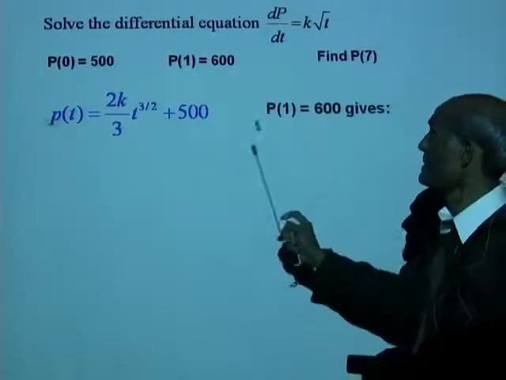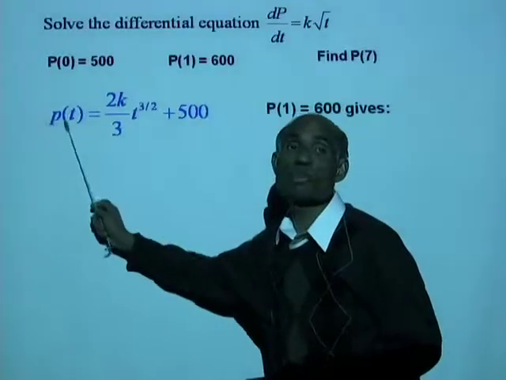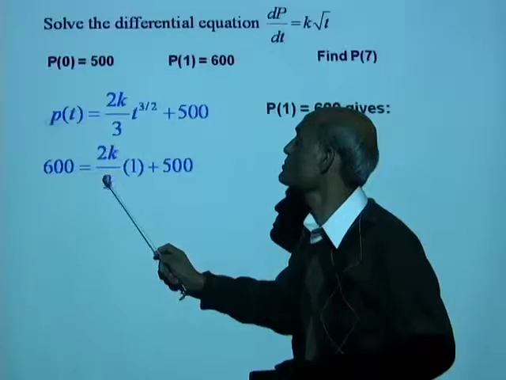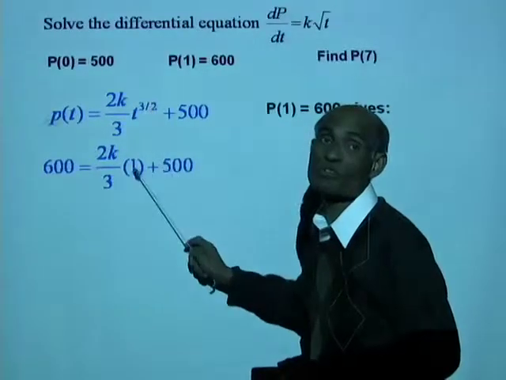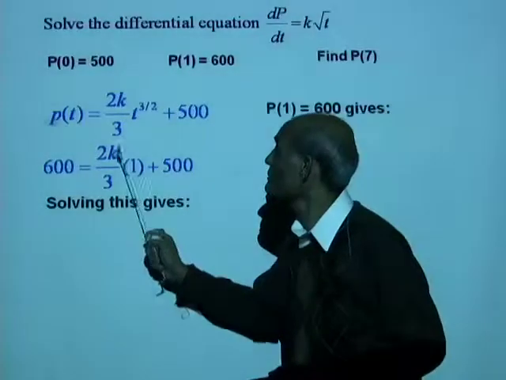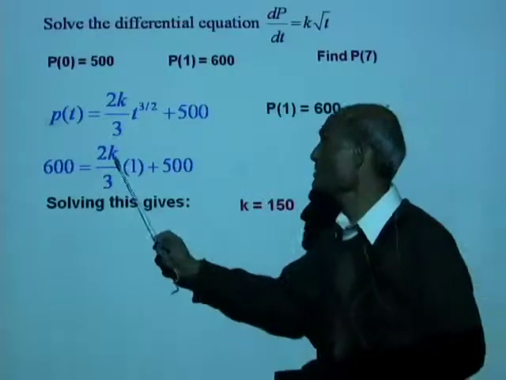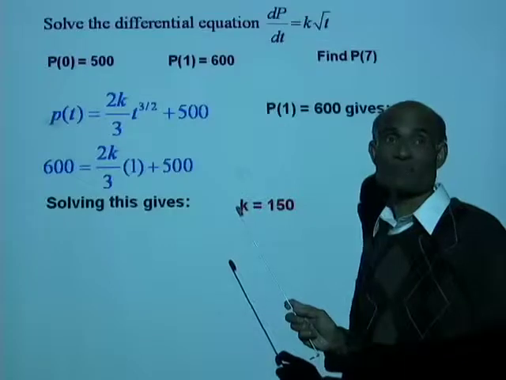Alright, let's do that. When t is replaced by 1, this p will be 600. Gives me 600 equal to 2k over 3 times 1 to the power of 3 over 2, which is 1, plus 500. Solve this for k. That's a simple equation for you to solve. Now try it on your own and see. I got k equal to 150.